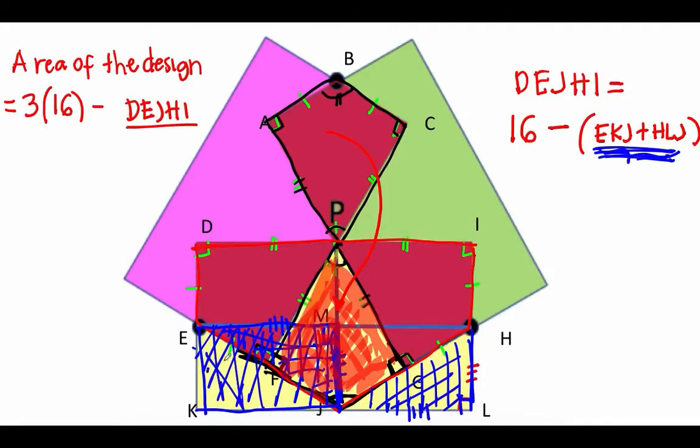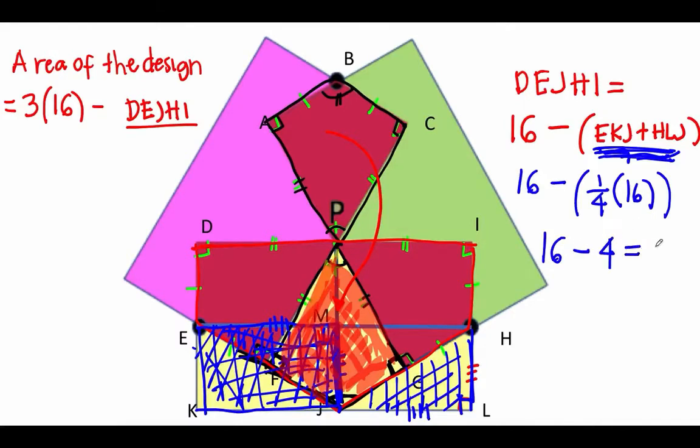So if this is 1/4 the area of the rectangle, and the area of the rectangle is 16, then what we have here is 16 minus 1/4 times 16, because this area is 1/4 of the rectangle. And this is now equal to 16 minus 1/4 of 16, which is 4. And so we arrive at an area of 12 square meters.